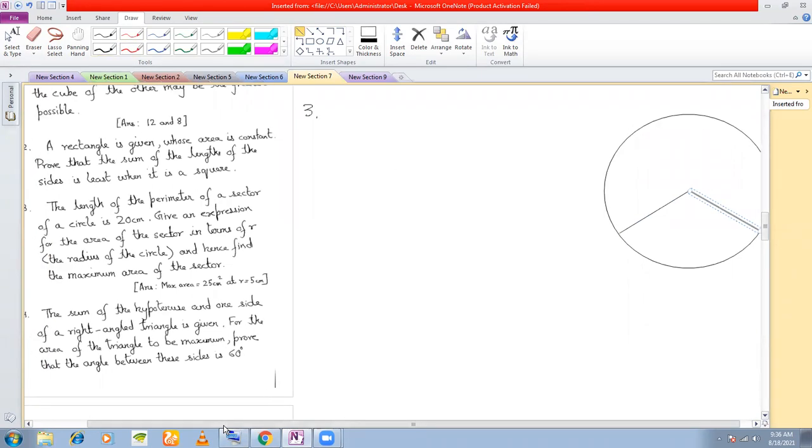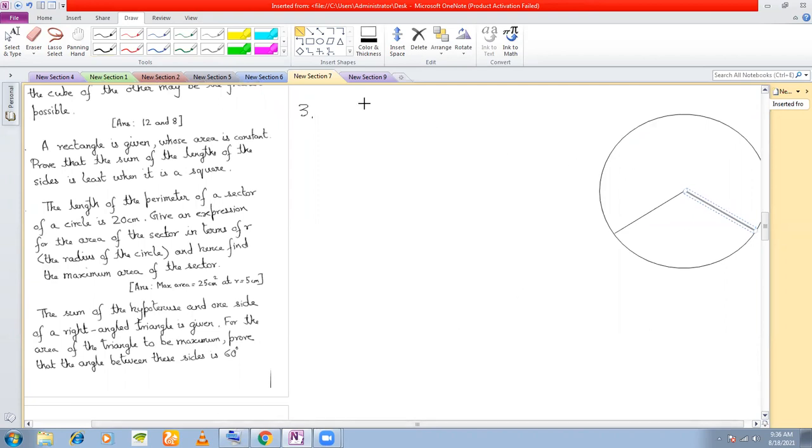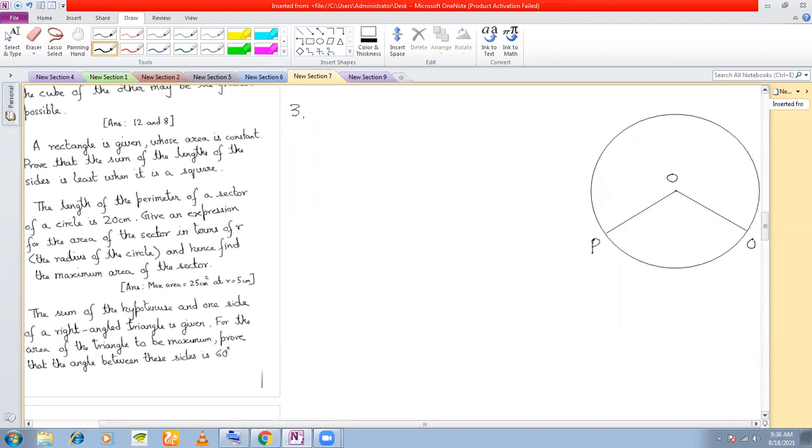Let's see the length of the perimeter of the sector of a circle. What is the sector? O, P, Q. This is the sector of a circle. What do you mean by the perimeter of the sector of the circle? If I take the radius as R and this radius is also R, then R plus R plus the length of the arc PQ is clearly the perimeter of the sector, right?